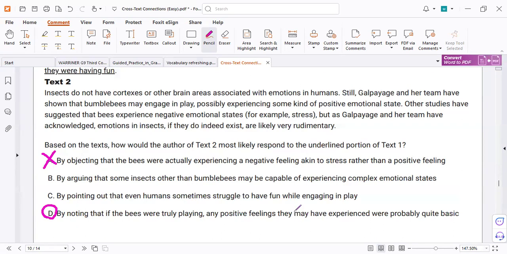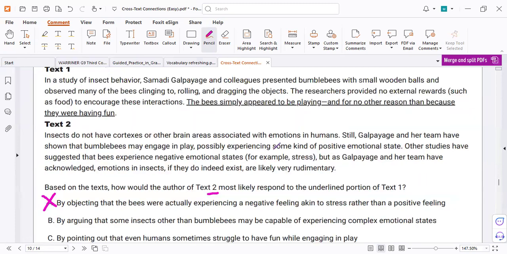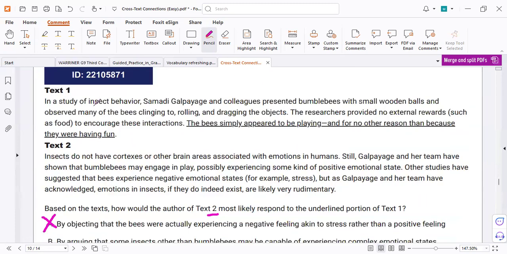Let's prove it. Always read: is he right or wrong? No, A is wrong, but we need to prove D. Okay. But we need to find evidence. The author of text two responds to the underlined portion. So let's read the underlined portion, from the beginning. Come on, let's revise.